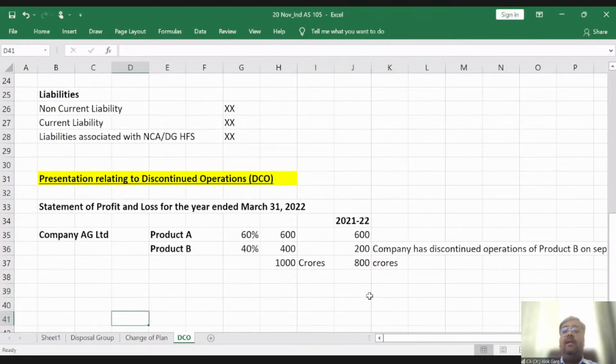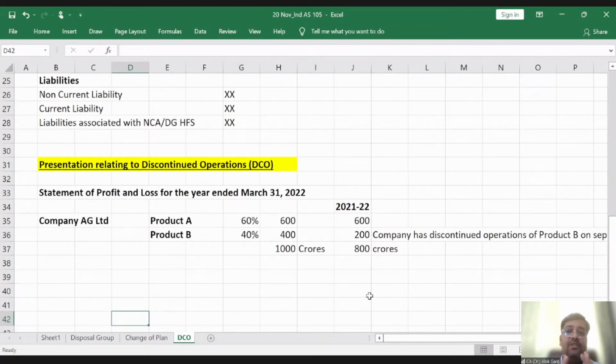Now, friends, the company has discontinued the operations of product B, which has a revenue of 200 crores in the current year. But if it would be for the entire year, it would be 400 crores. So, friends, tell me, while preparing my statement of profit and loss, there are two ways. For example, this is my 2021-22 profit and loss. Revenue is 800 crores, my cost is, let's say, 600 crores.